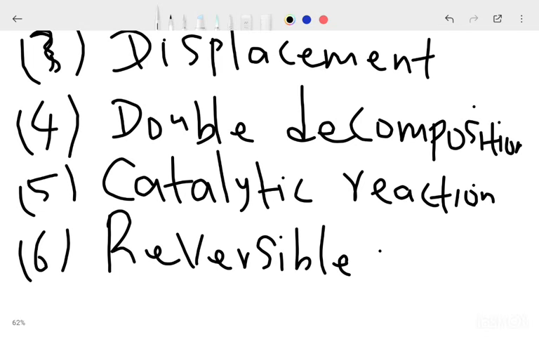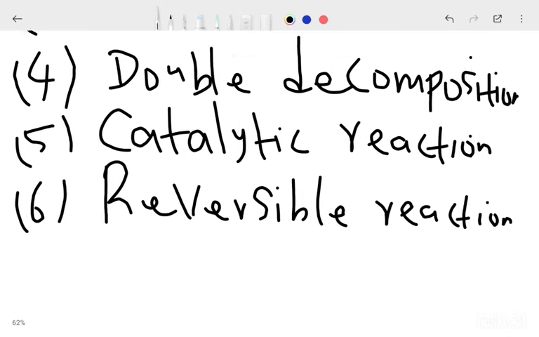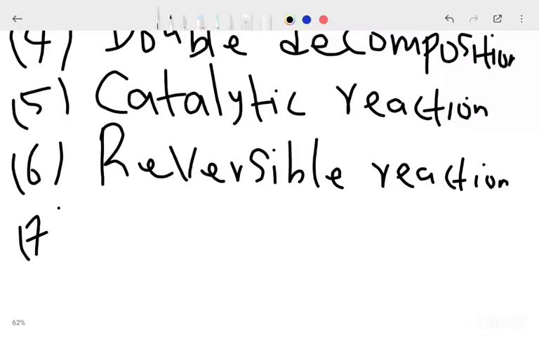Reversible reaction. Then number seven, we have thermal dissociation.